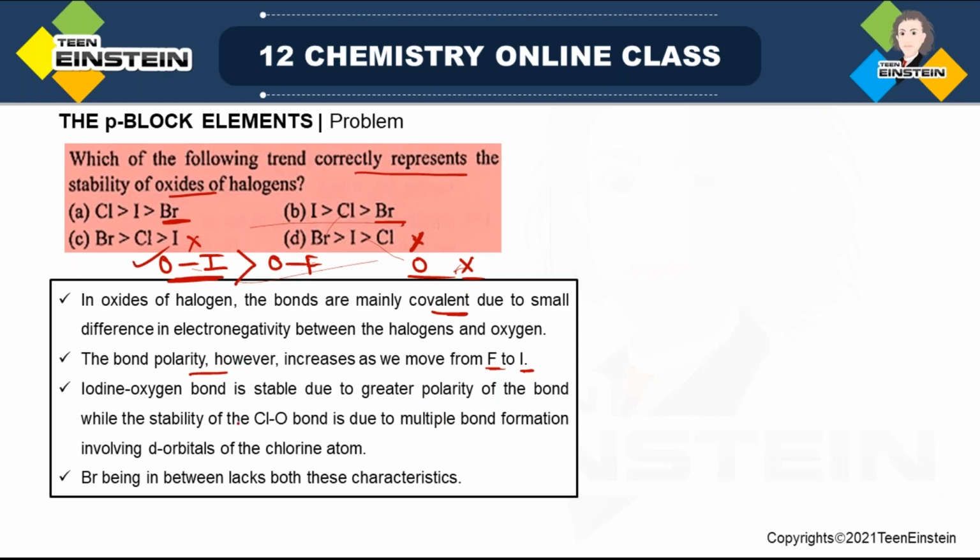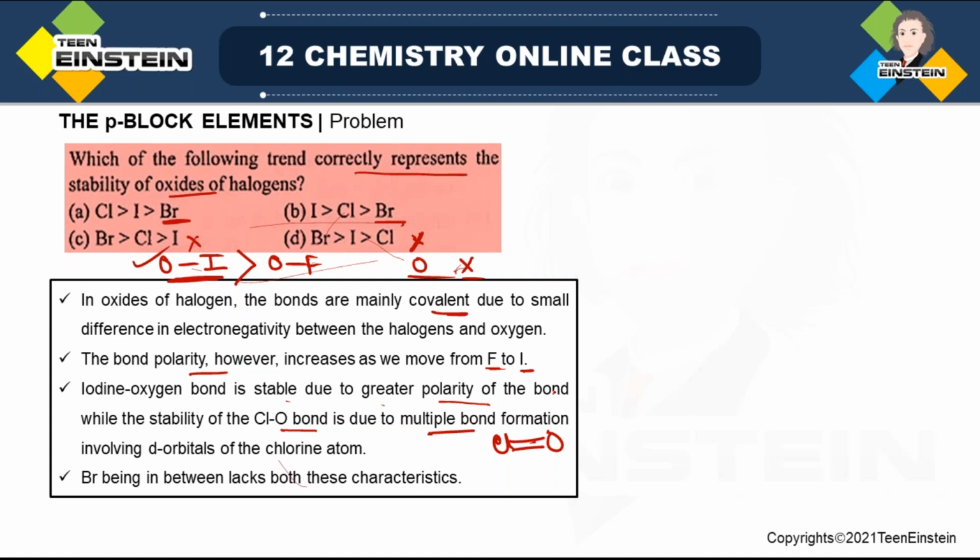Now come to the other factor. The iodine-oxygen bond is stable because of greater polarity of the bond, while the stability of ClO is because of multiple bond formation. So one factor is bond polarity, but another factor is multiple bond formation. Double bond formation is possible between Cl and O. That is the reason you have seen much variation in the oxides of chlorine, but such variation is not possible for iodine, because this type of double bond formation is possible only between chlorine and oxygen because of size matching.